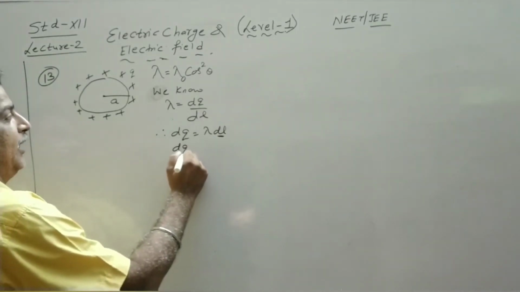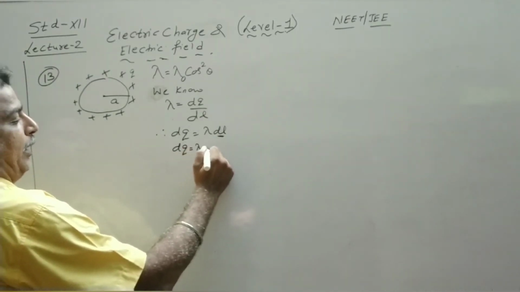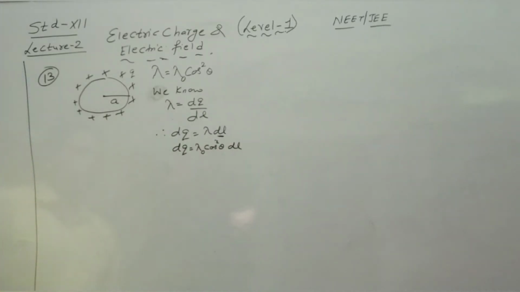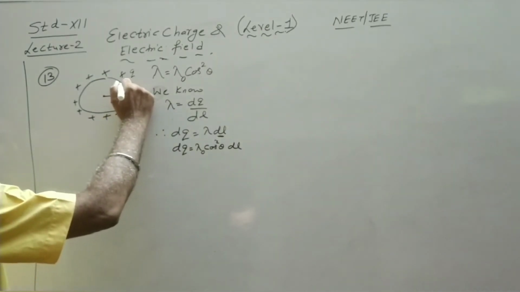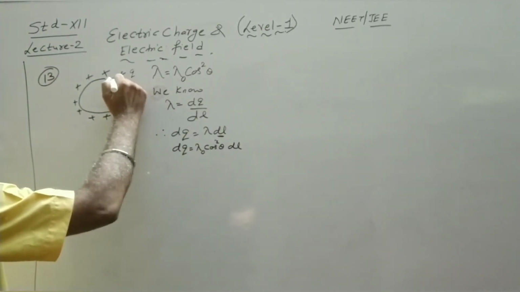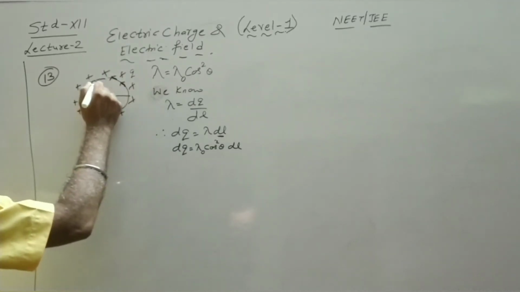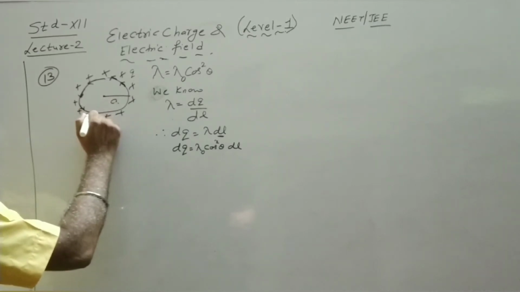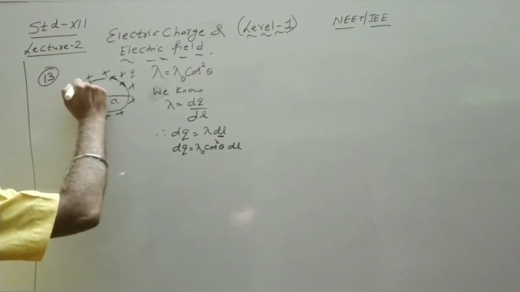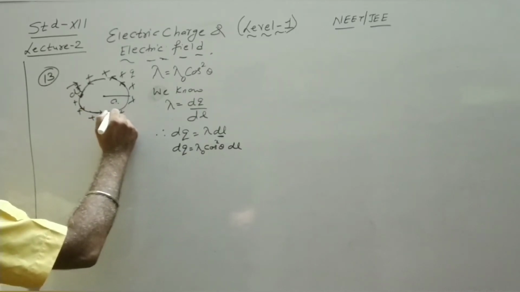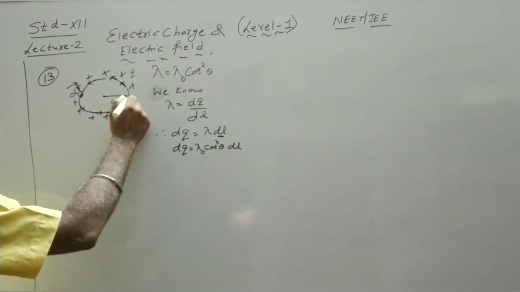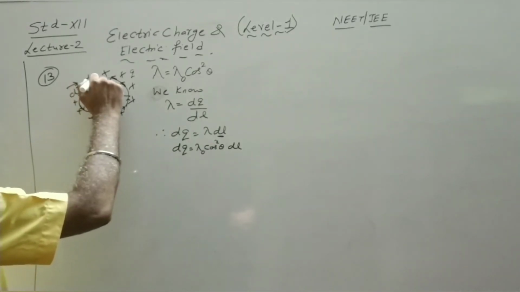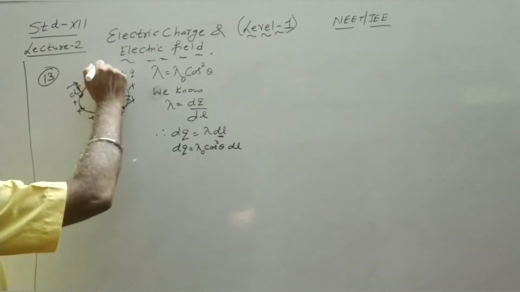The lambda given is lambda naught cos square theta, so dq is lambda naught cos square theta dl. The entire wire is divided into small elements, each of length dl, and one element has charge dq.